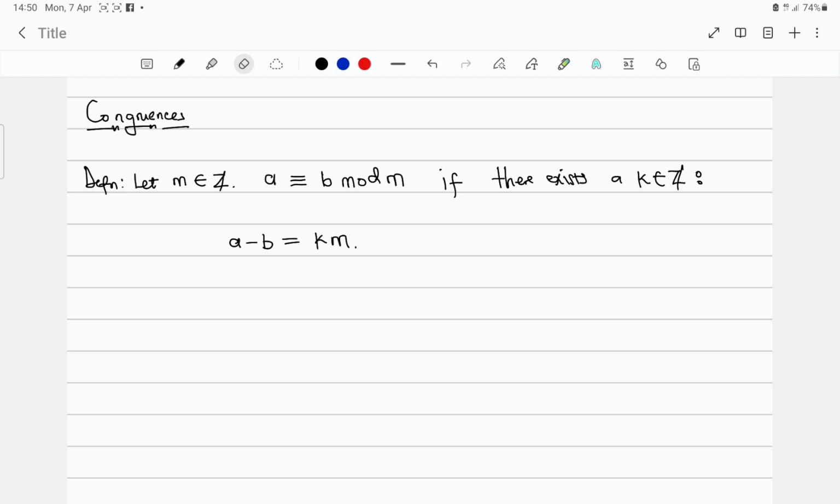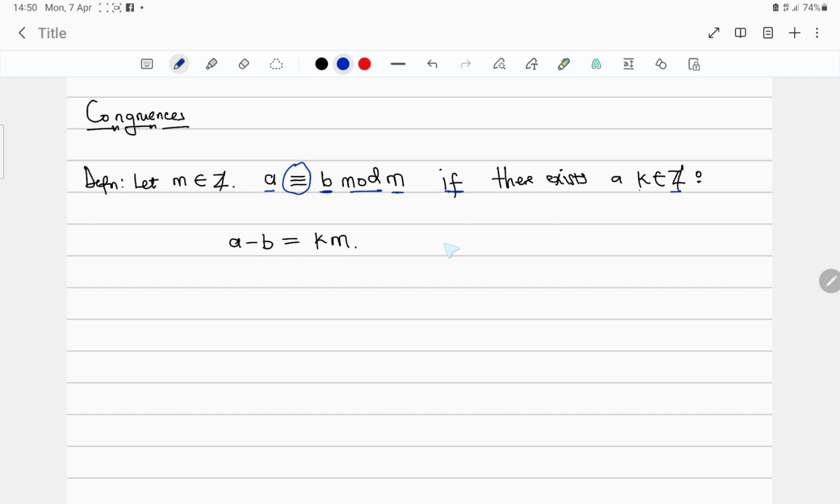If we let m be in Z, which is m be an integer, a is congruent to b modulo m if there exists a k in Z such that a minus b is equal to km.